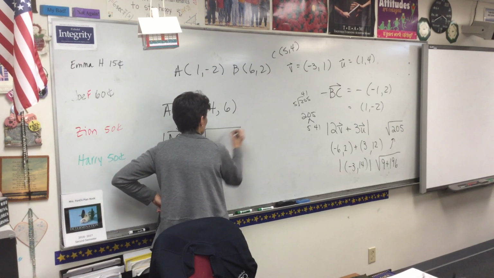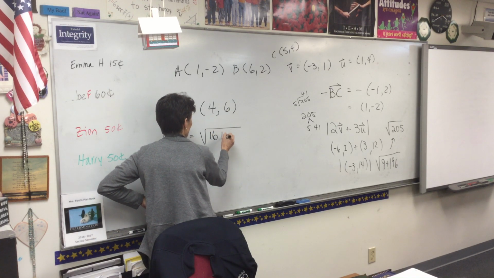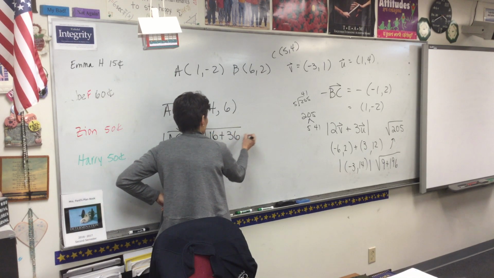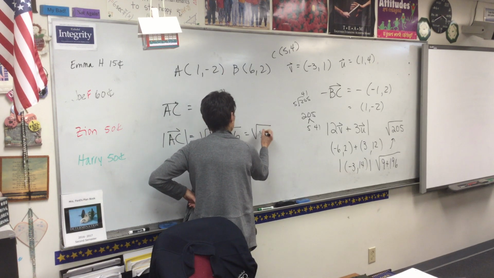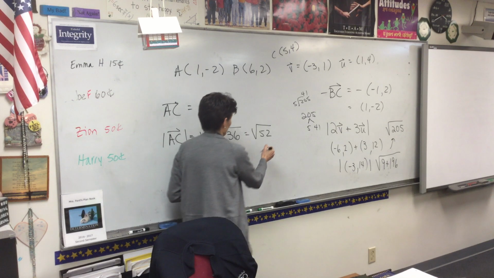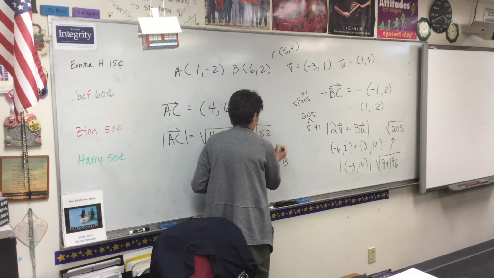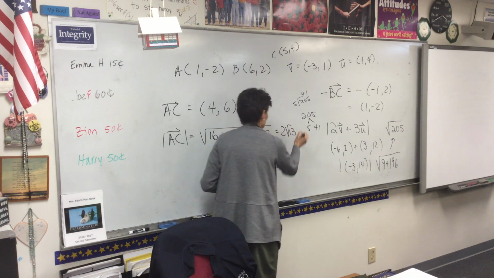Magnitude. The length of this vector would be 16 plus 36, so the square root of 52, which does break down into 2 root 13.